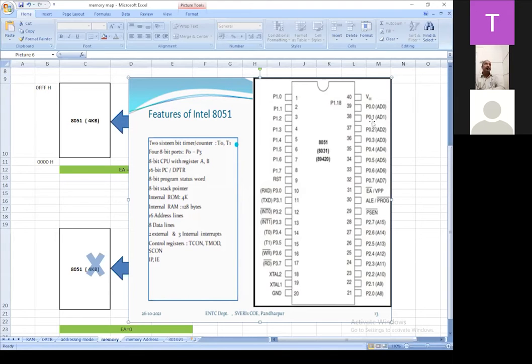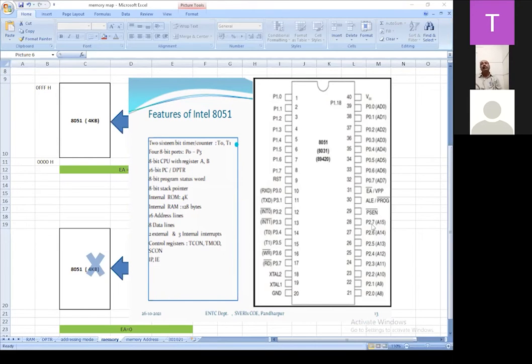The answer was, when 1, it will work as an input, and when 0, it will work as an output. A small trick I also told you: key O 0, like that. 0 means output. You can remember it. So it is purely used as an input or output pin.